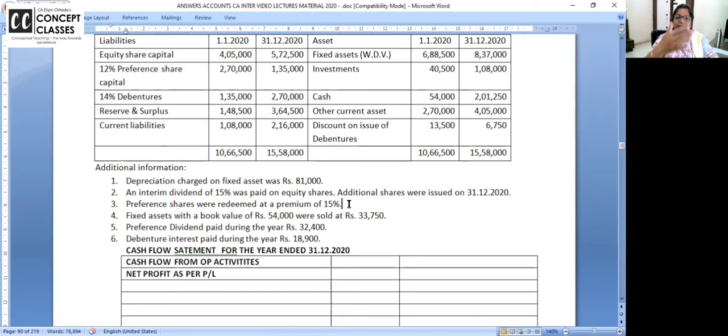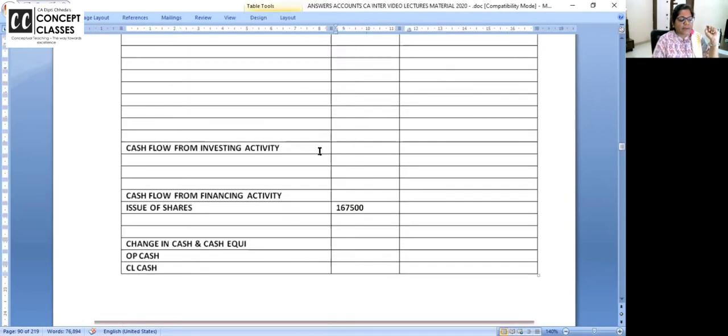Preference share capital debit, premium on redemption of preference share debit to bank. Right? This is the journal entry. And 270 has become 135. So how many preference shares are repaid? 1,35,000. See, where I'll write? Financing. Issue of preference shares inflow. Redemption outflow. Where? In the financing activities.